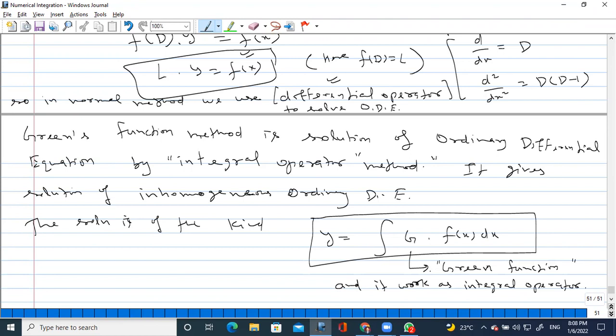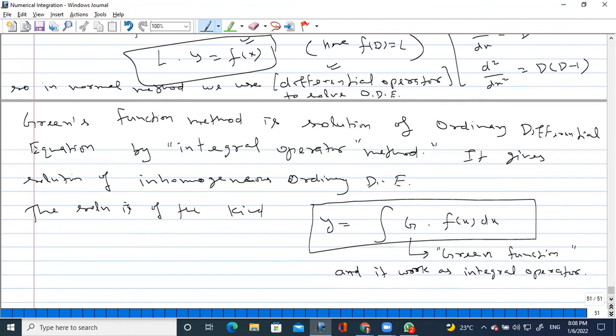If you follow the procedure, within 5 to 7 minutes you will solve the problem. Okay, that procedure only you have to follow, but a little bit of theory we also have to understand, so that's why we have to discuss that also.